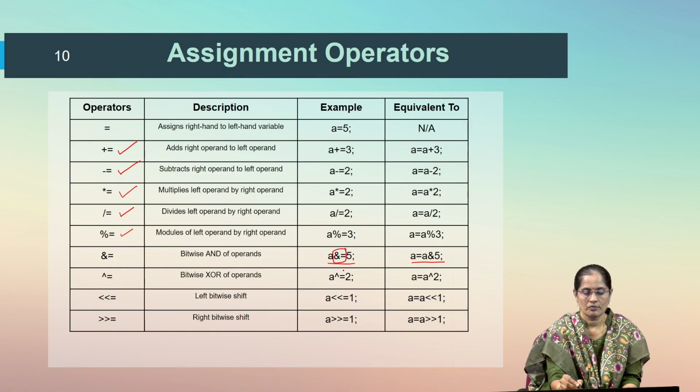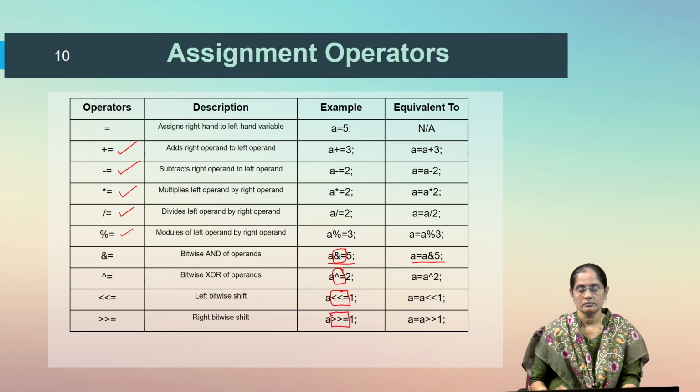Similarly, this is for XOR operation, this is for left shift operation, and this is for right shift operation. So, now we can understand that the assignment operator can very well be applied for the arithmetic operations and the bitwise operations, and preferably it is better to have integer values in the shorthand assignment operation.